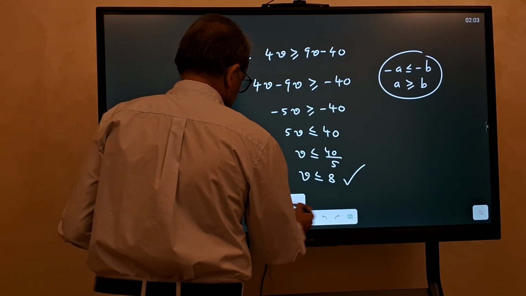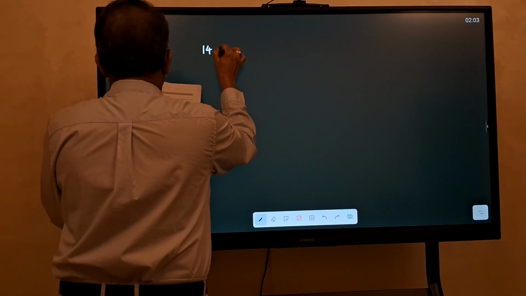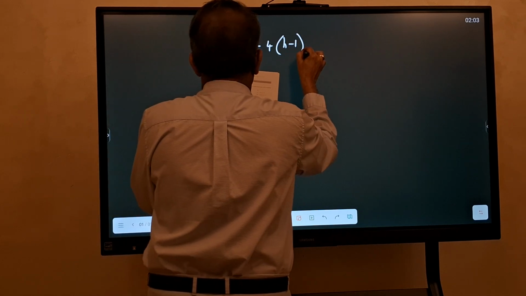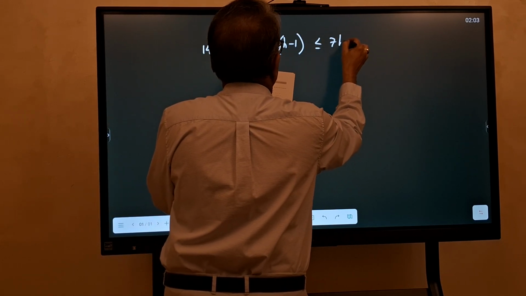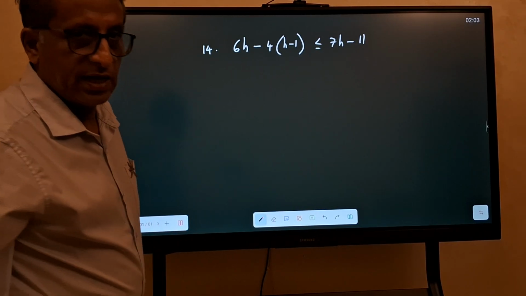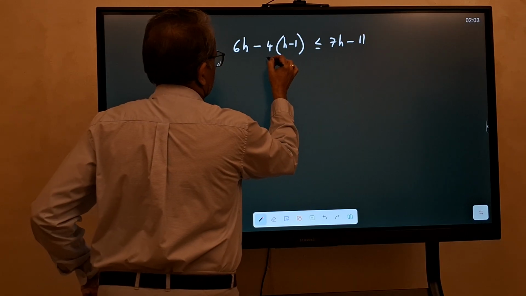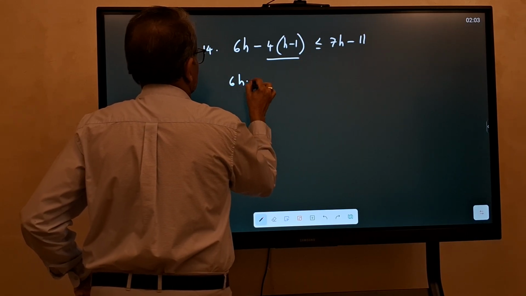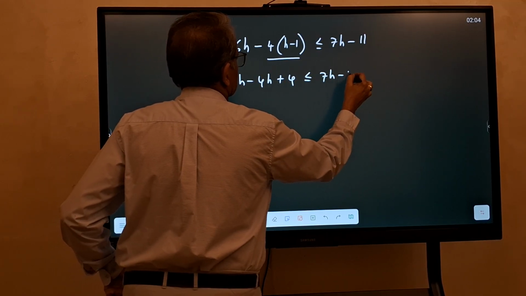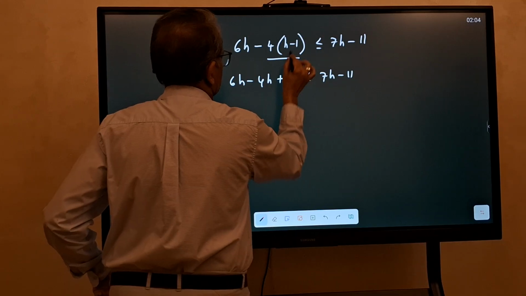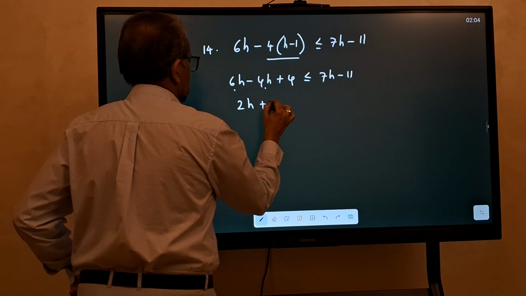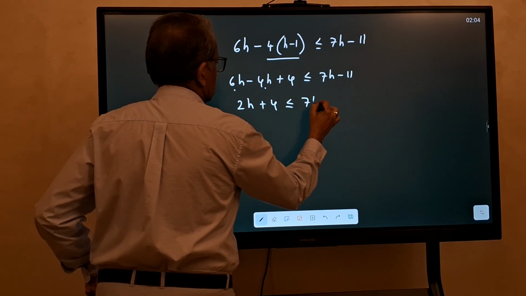Number 14. 6h minus 4(h minus 1) less than or equal to 7h minus 11. So we need to find the value of h. Let's see. First open the bracket. 6h minus 4h plus 4, less than or equal to 7h minus 11. So minus 4 into this, minus minus plus. This I can combine. 2h plus 4 less than or equal to 7h minus 11.